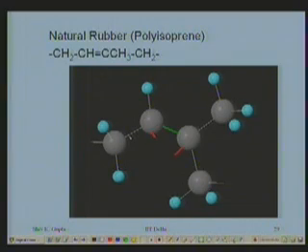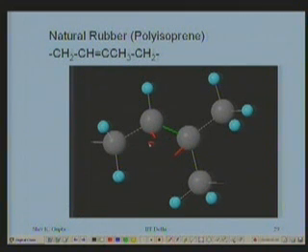What sulfur does is, it breaks this double bond and bonds with this carbon and this carbon. But sulfur also needs two bonds. So the second bond of sulfur goes and bonds somewhere else. It may go to another monomer of another chain.